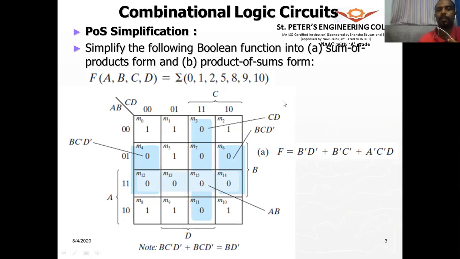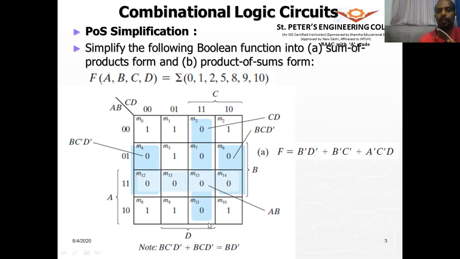Now we have to find the POS form. The POS form is the case where we are going to group the zeros. Once we group the zeros for these four combinations, we end up with B D complement.